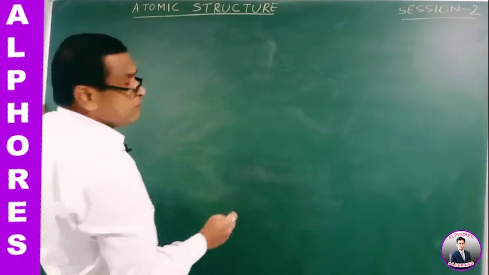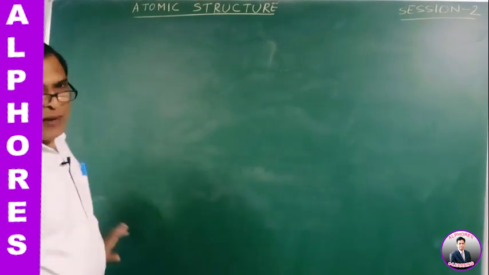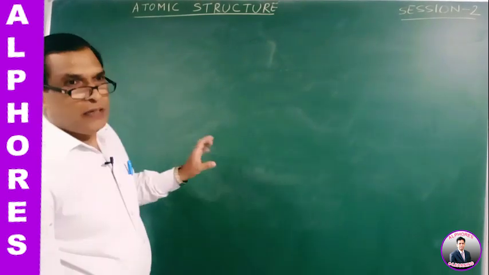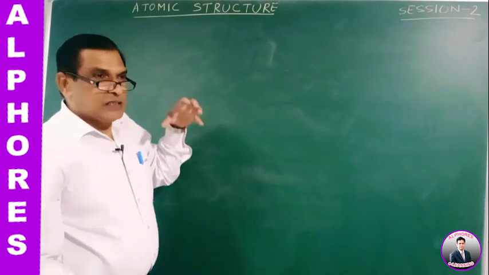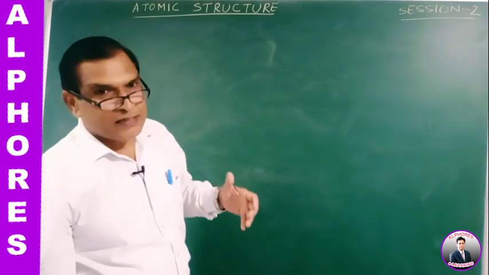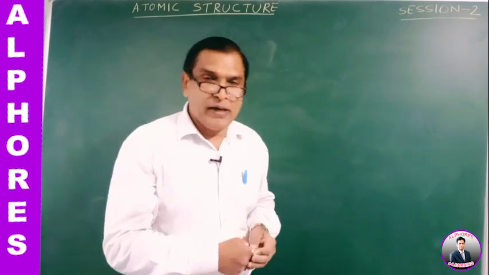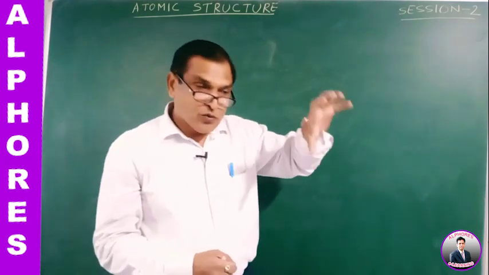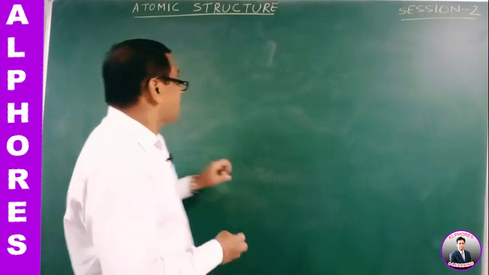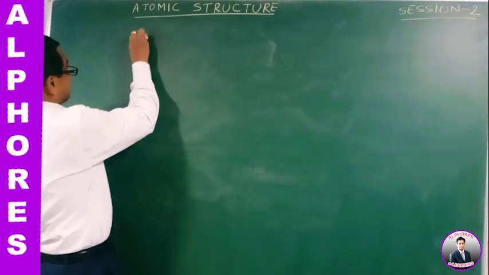The polonium radioactive element emits alpha rays. The beam of alpha rays is scattered. The scattered alpha rays are projected on the thin gold foil. That is Rutherford's alpha ray scattering experiment.